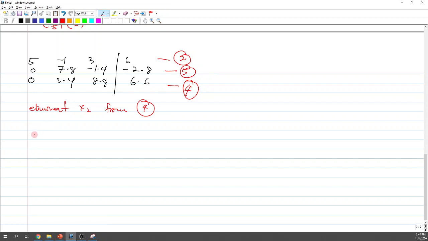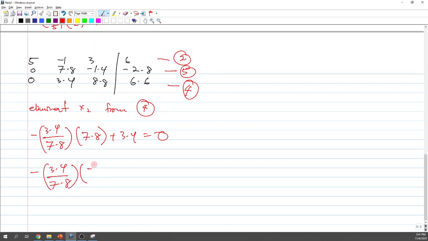Okay, so equation macam biasa negative 3.4, 7.8. Okay, 7.8 plus 3.4 become 0, then negative 3.4 divided by 7.8 times with negative 1.4 plus 8.8 equivalent to 9.4103.